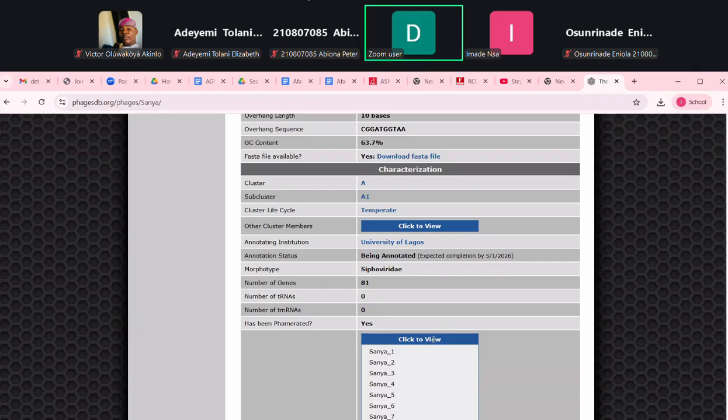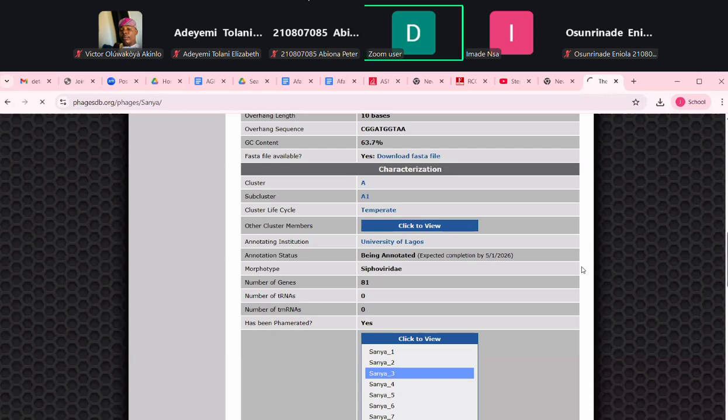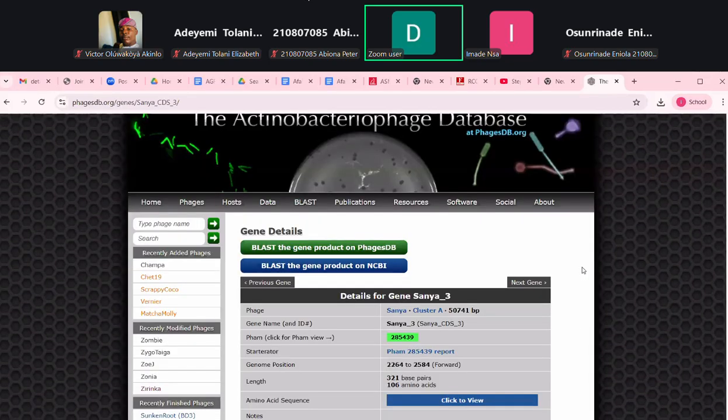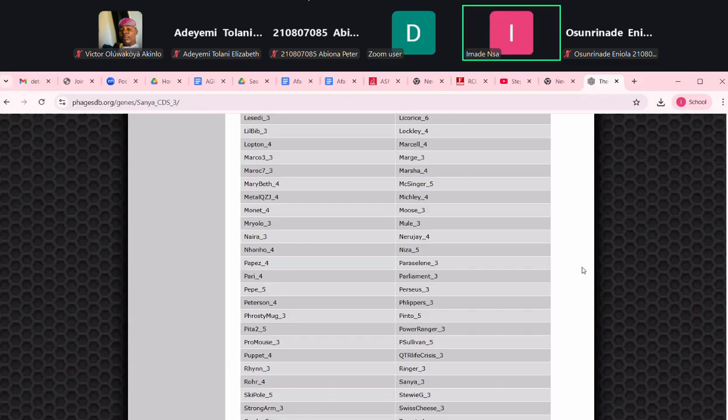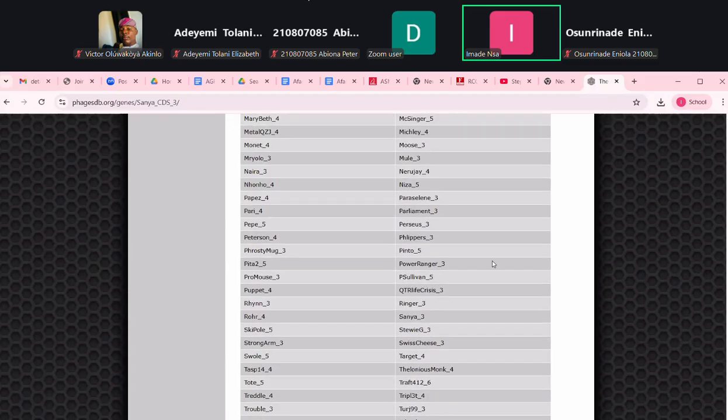Now I can go to the gene list and I take Sonia 3. When I click on Sonia under script 3, I want you to look at this page with me. It's a hypothetical protein.